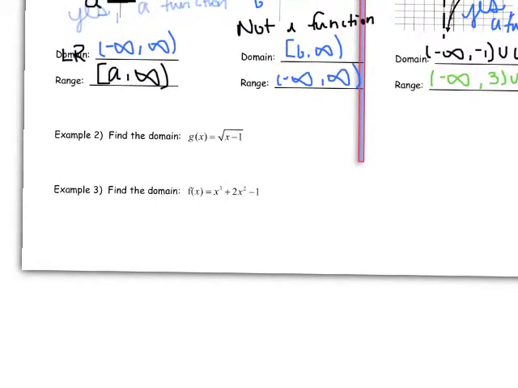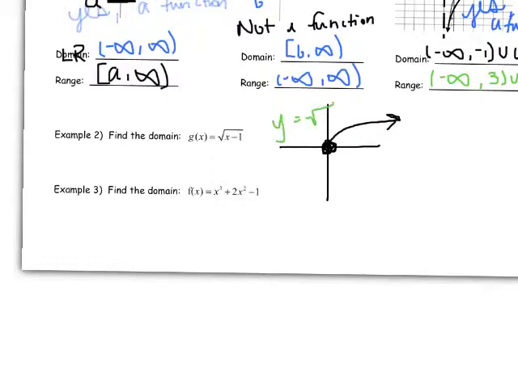So find the domain of square root x minus 1. So this is a square root, and the rule for square roots is that square roots can't be negative. Graphically, some people think that this is easier if you think about it graphically. This is the parent function, y equals square root of x. So if I have square root of x minus 1, it's going to be that same function, but translated to the right one.